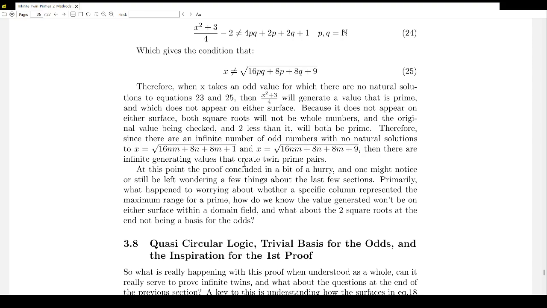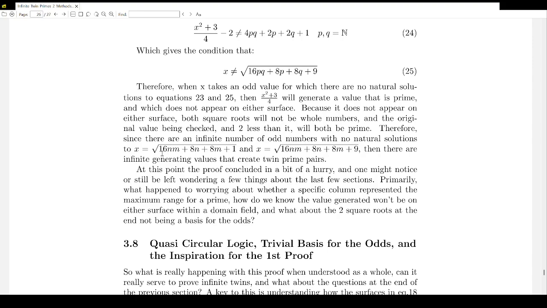So let's see. But yeah, basically what you're looking at here is an equivalence to the twin prime. Through this whole second paper, you could generate this as your equivalence.